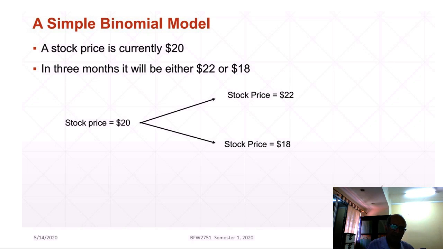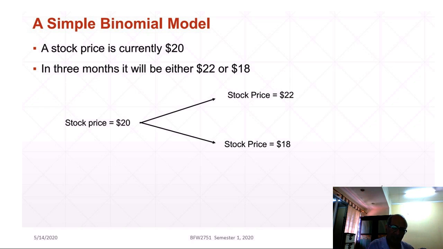In 3 months' time, there is a possibility of the stock going up to $22, and a possibility of the stock coming down to $18. When we take 22 divided by 20, it is 1.1. That is a 10% chance of it going up. I'm talking about a 10% change, not a probability. 20 times 1.1 becomes 22.